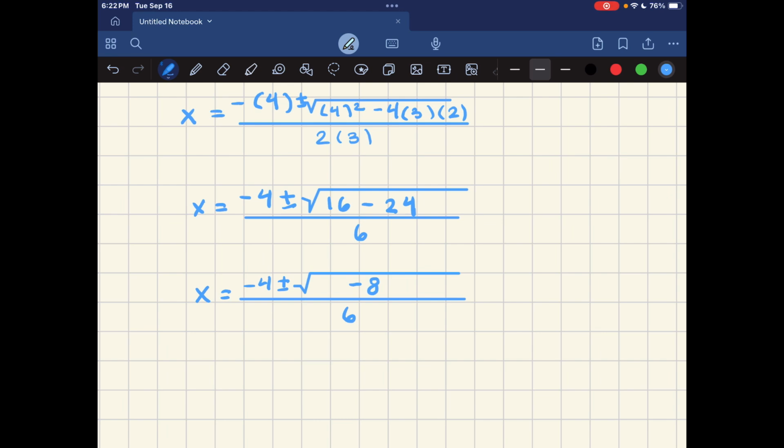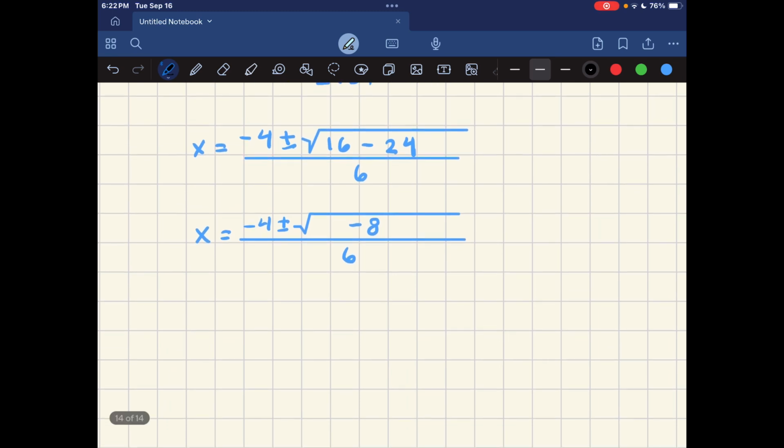Okay, now as we can see, we have negative 8, and that's not a perfect square. Whenever you see a square root that's not a perfect square, like square root of 8, you can break it down into smaller pieces. Find two numbers that multiply to 8, but one of them has to be a perfect square because it's easier to take the square root of.